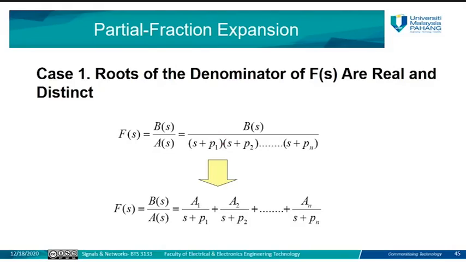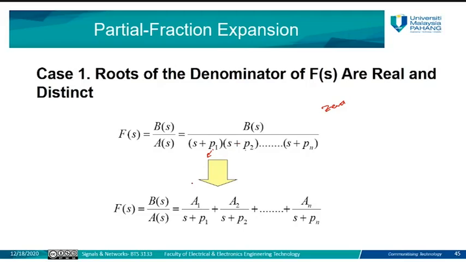We use the form P1, P2 to highlight that these are the poles. We said the numerator gives the zeros and the denominator gives the poles. So you have s plus P1, s plus P2, s plus P3. This is how we can convert the denominator of our function.